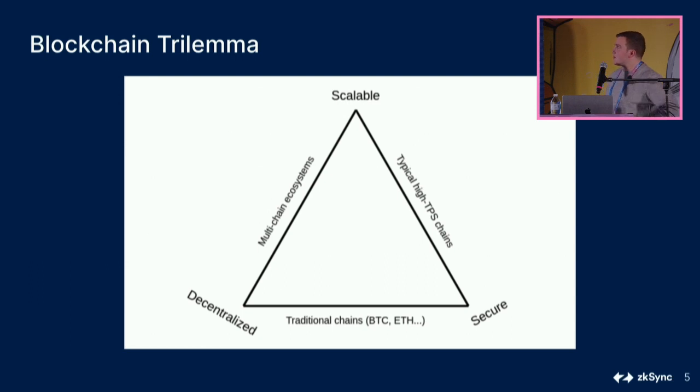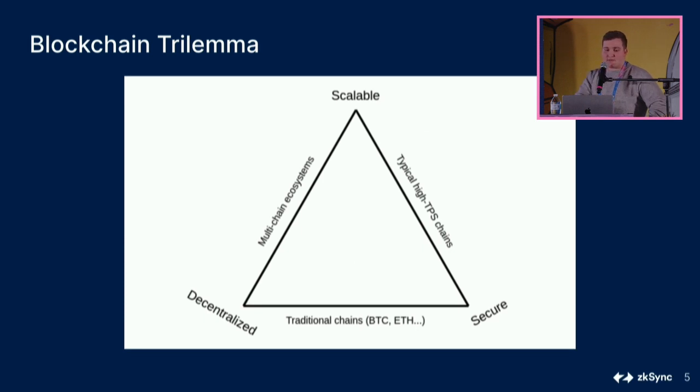In the blockchain trilemma, Vitalik basically put it as a blockchain can only accomplish 2 out of the 3 sectors: scalability, decentralization, and security. We have those targeting decentralization and security, like Bitcoin and Ethereum, and multi-chain ecosystems going for decentralization and scalability.